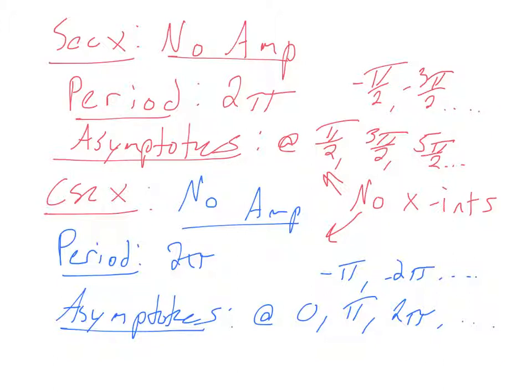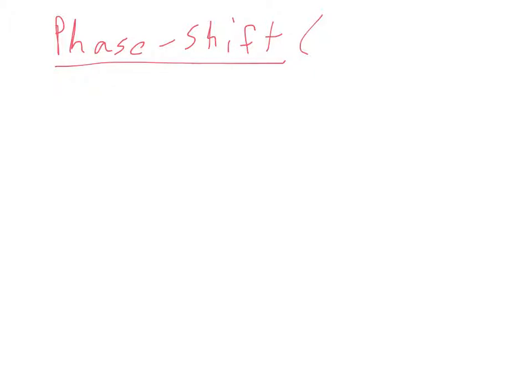We're going to get on to talking about phase shifts of sinusoidal functions here. So, phase shift is the last piece of the puzzle for us. Phase shift is a fancy way, when we're talking about periodic functions and we do a horizontal translation of some sort.